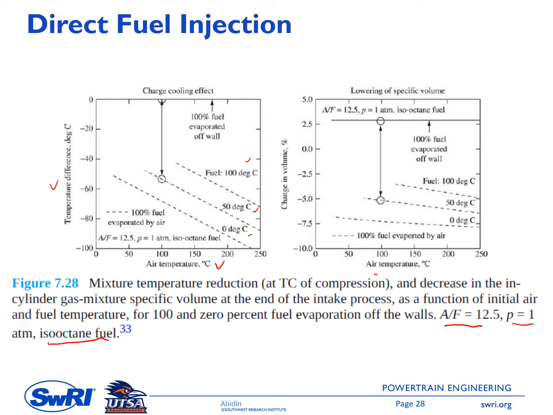This data is shown for a wide range of conditions, where we have 0% fuel evaporation from air, which means 100% of the energy used to vaporize the fuel is coming from the wall, and we use this as the baseline.